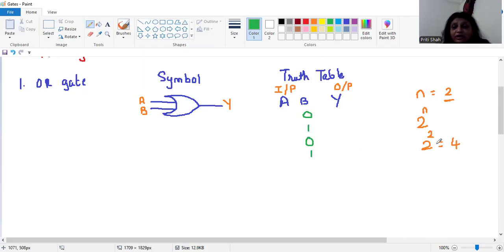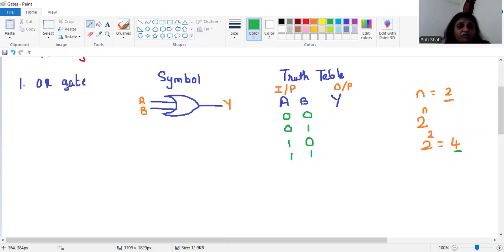You will write this 4 times because you want 4 possible combinations. So, alternatively write 0, 1, 0, 1. And in the A, you double that up. So write double 0 and then write double 1. In this way, we will make sure that none of the input is repeated and we have all the 4 combinations of the input. Now, what will be the corresponding output?